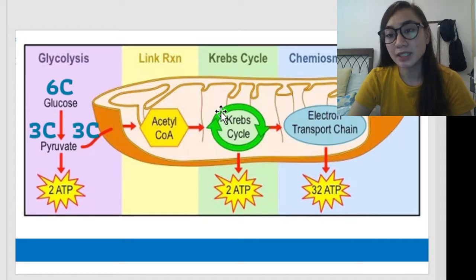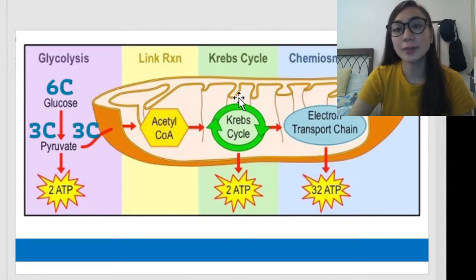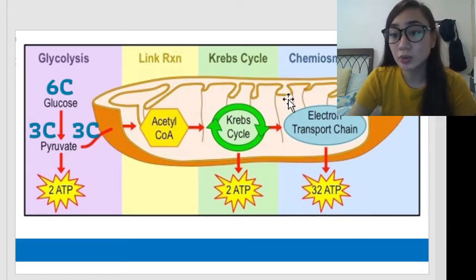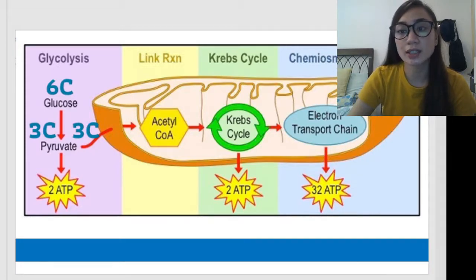And yung byproducts from Krebs cycle, o pwede rin nating tawagin siya as citric acid cycle or tricarboxylic acid cycle, it will go to the electron transport chain, which is yung ating tinatawag na chemiosmosis. So, the electron transport chain will produce 32 ATPs.